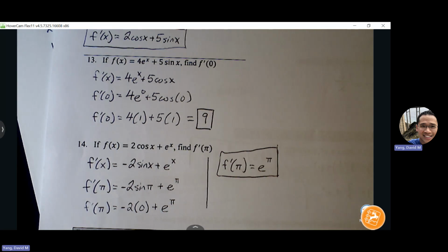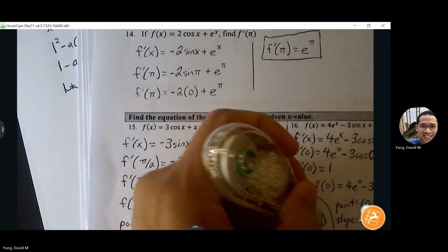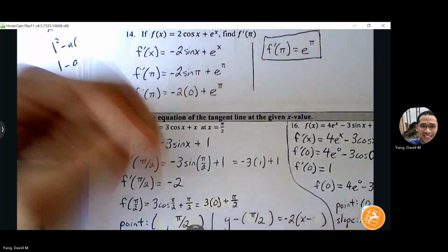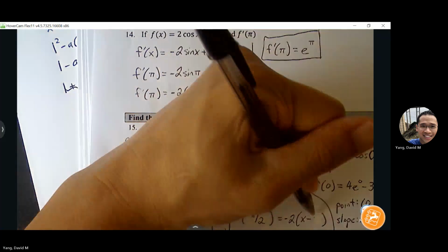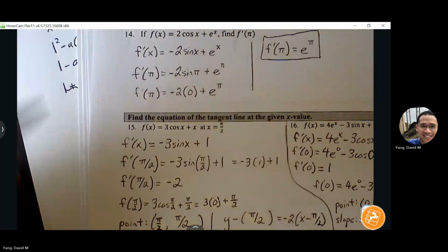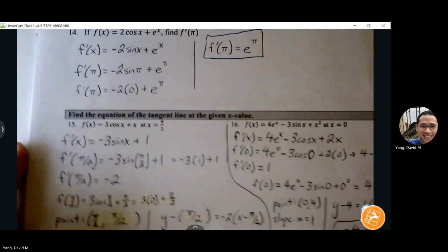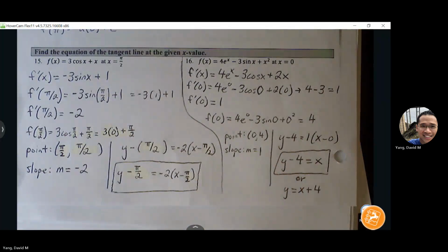Both x and y are the same? Okay, thanks. Number 16.